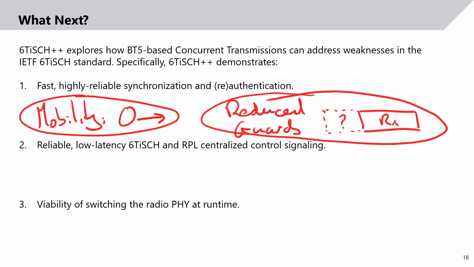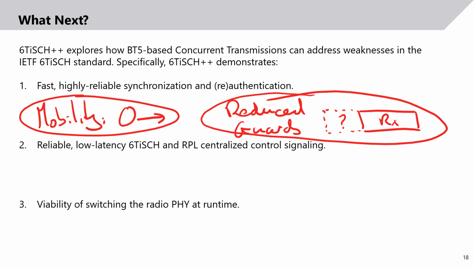And this could help, for example, to open up the standard to mobility use cases, something that is really not focused on at the moment, and also to help reduce the generous guard times that are provisioned within each slot and, indeed, lower the latencies that are possible within the 6TiSCH standard itself.